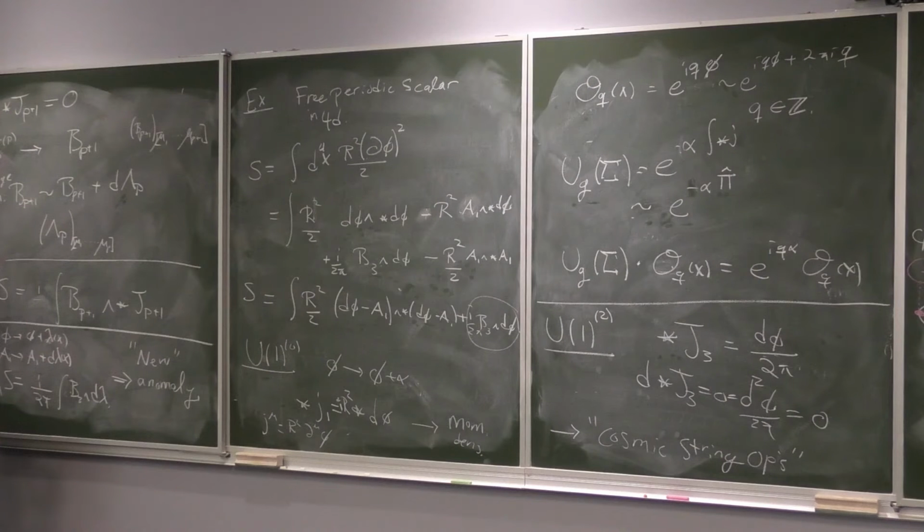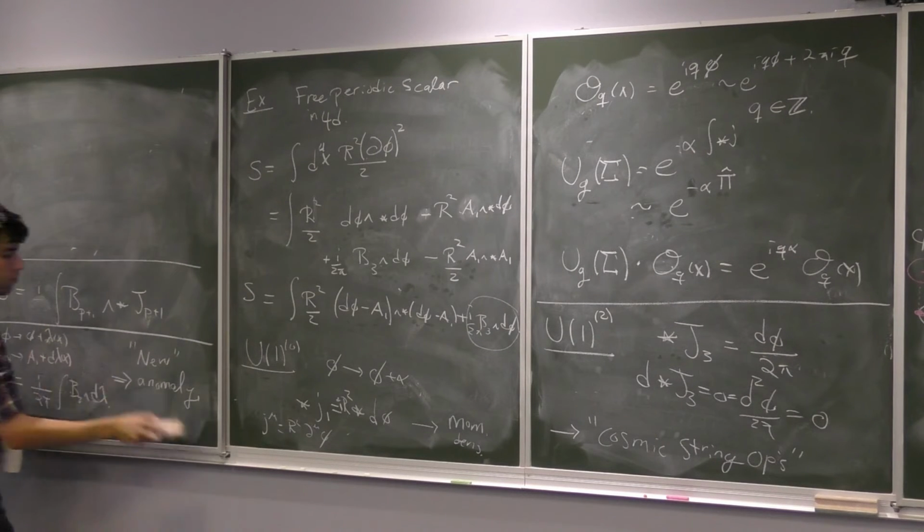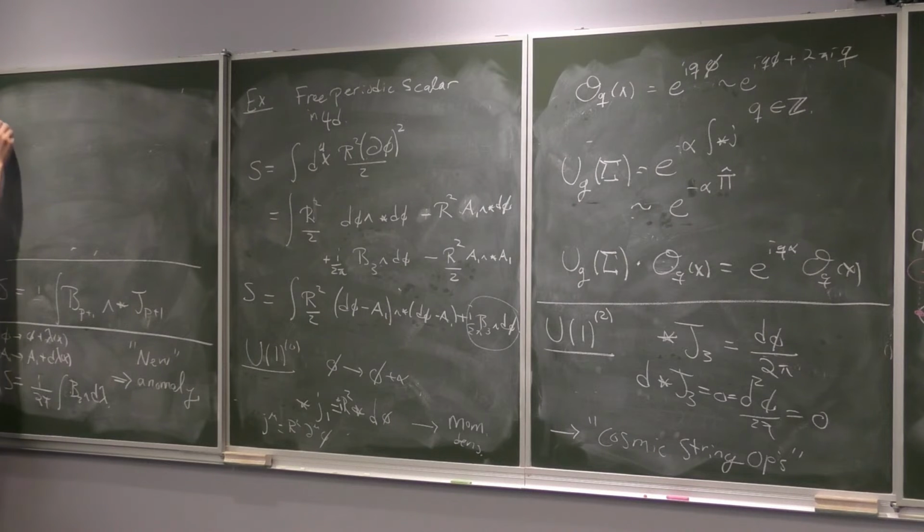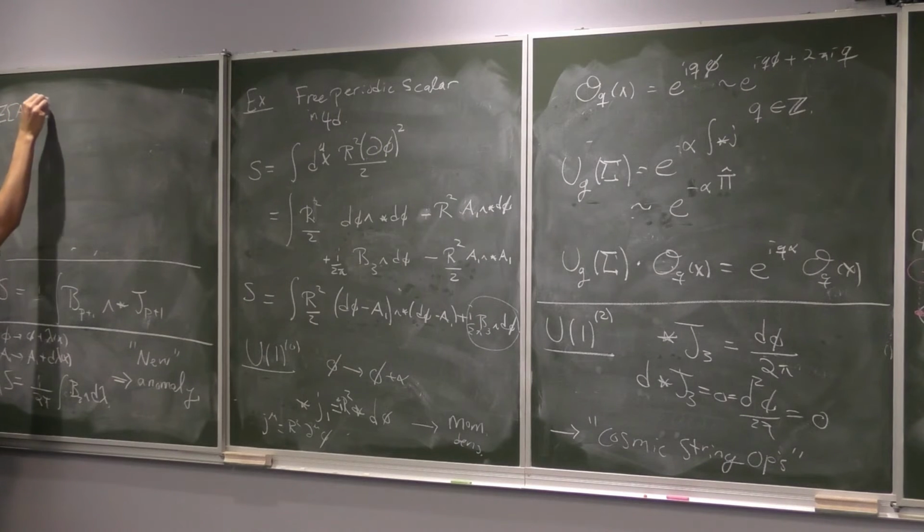Yeah. So if you remember what we talked about yesterday, if you have a partition function that depends on A1 and B3, and it's not invariant under the background gauge transformations, like here, then we say there's an anomaly.